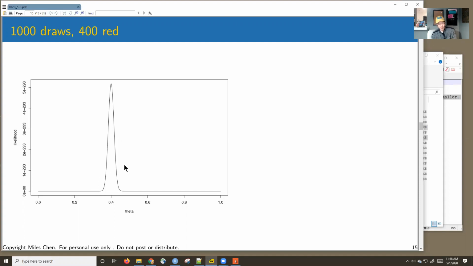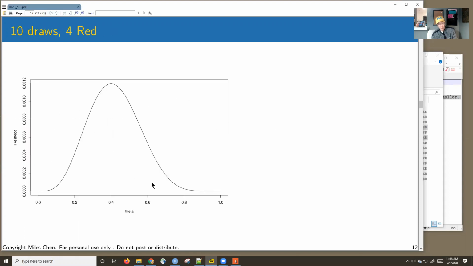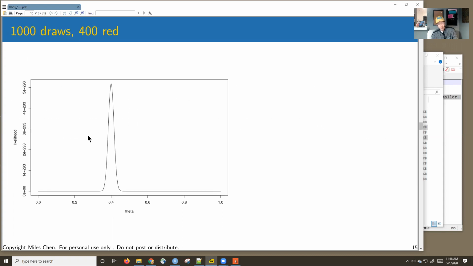In both cases, the observed proportion of red is 0.4, and the likelihood is maximized when theta is 0.4. With 4 out of 10, theta is maximized at 0.4. With 400 out of 1,000, theta is maximized at 0.4.